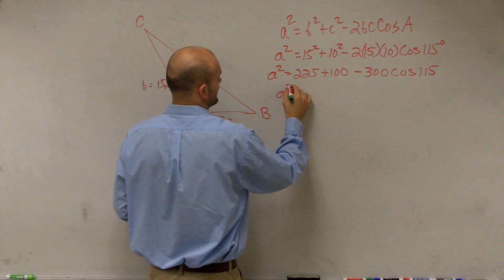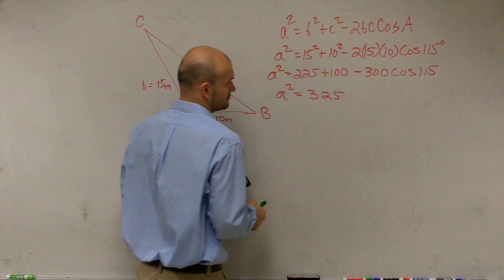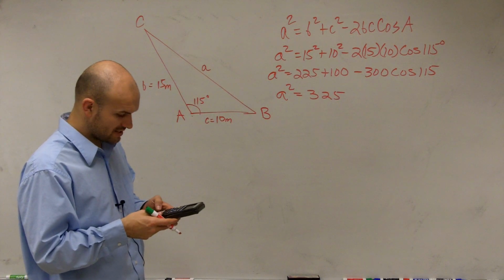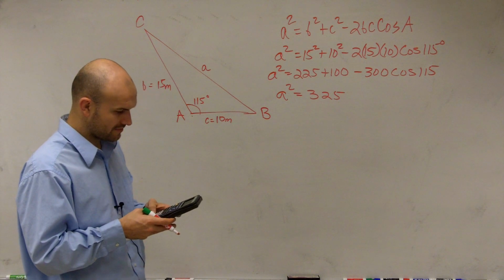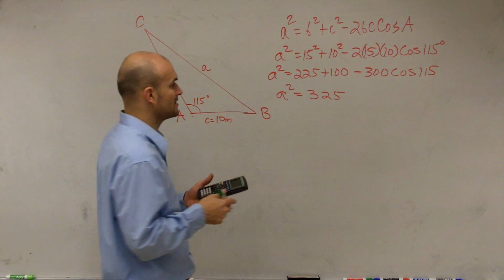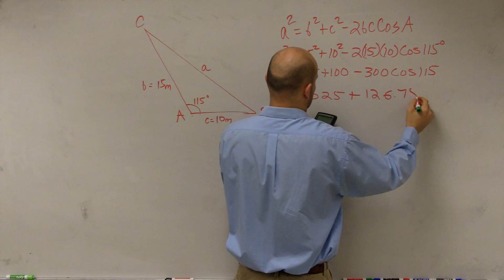So therefore, simplifying again, we have a squared equals 325. And then I'm going to do 300 times the cosine of 115 degrees. Sorry, so that's negative 300 times the cosine of 115 degrees, which is now going to give us a positive 126.78.